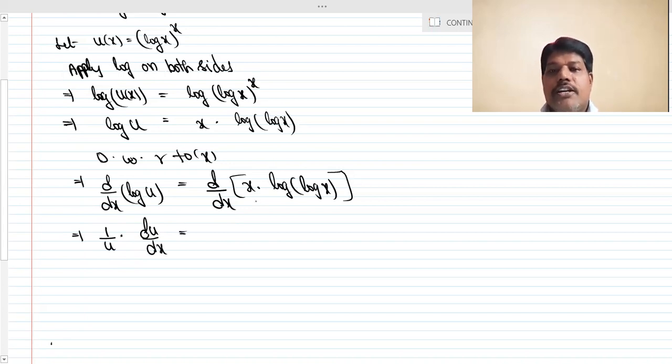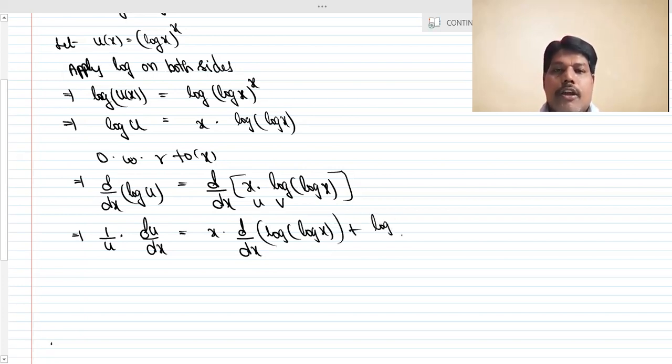Here it is the uv formula, students. So you apply u into the derivative of log of log x, that is nothing but log of log x, plus log of log x into the derivative of x.